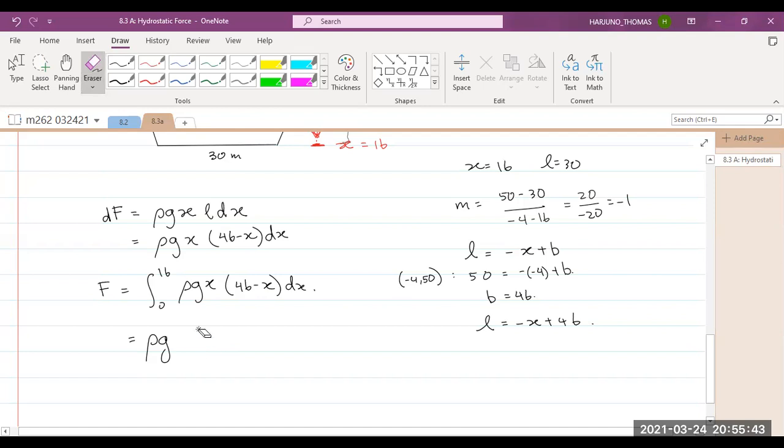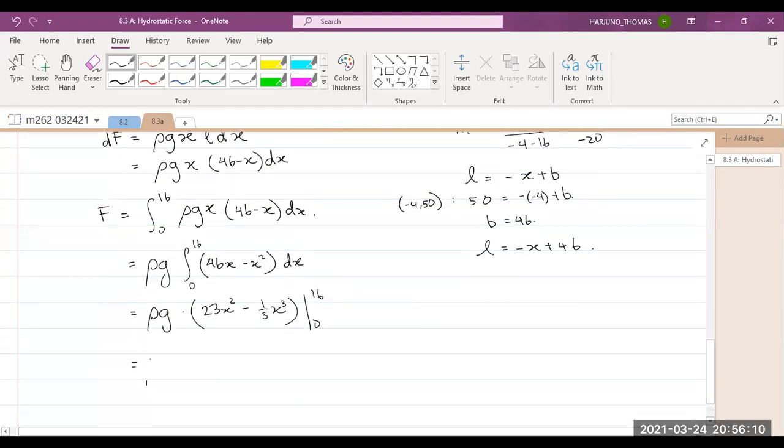Let me compute this then. This is the integral of 46x minus x squared from 0 to 16, dx. That is rho g times 23x squared minus 1/3 x cubed, from 0 to 16.